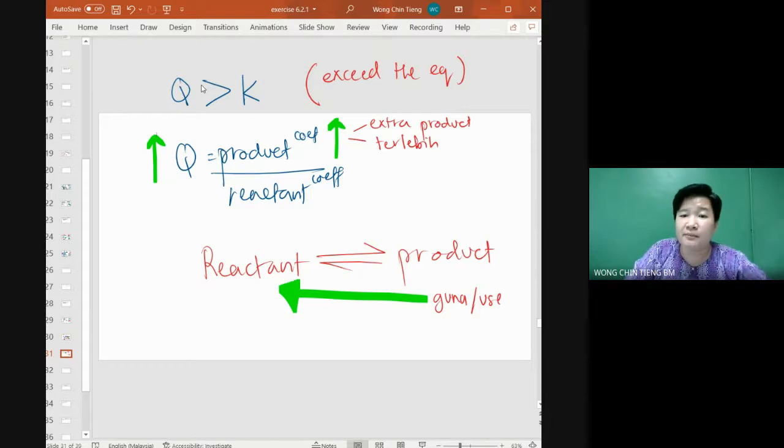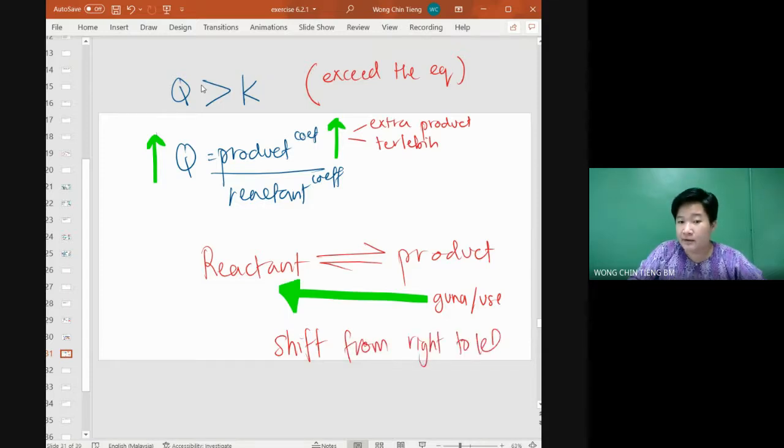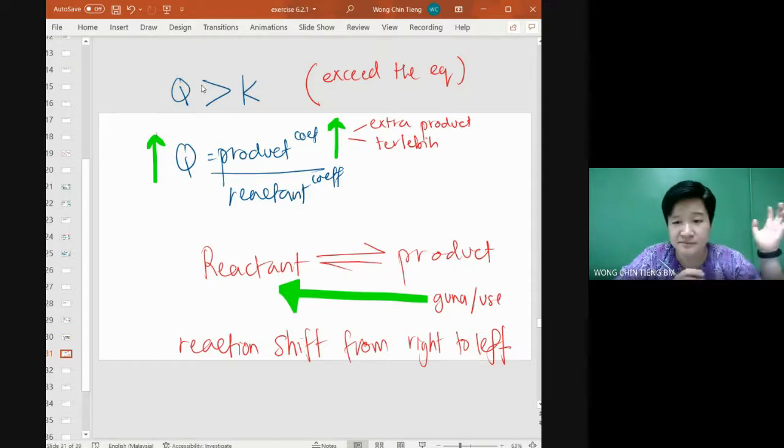Okay, kita nak kurangkan balik dan lebih sangat. Too much. So kita nak guna balik, kita hasilkan balik reactant. So it will forever shift from right to the left. And bear that in mind, over here, the one that will be shifting is your reaction, bukan equilibrium position. Okay, yes.